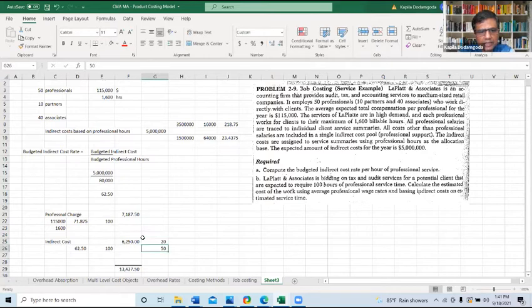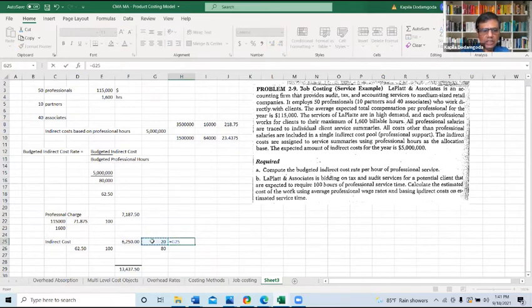Let us say 20 hours there and 80 hours there. If that is the case, these 20 hours will absorb at the rate of 218, and these 80 hours will be absorbed at the rate of 23.